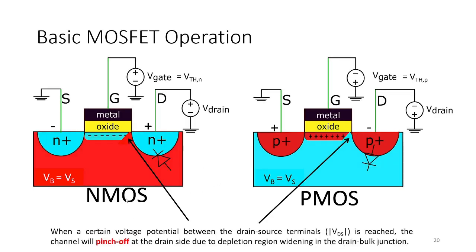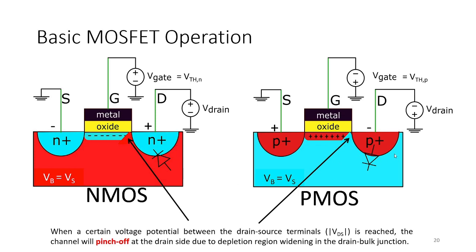Now, as you can see here, on the drain side, if we increase the voltage across the drain, because the substrate and the drain form a reverse biased PN junction, the depletion region here will widen.